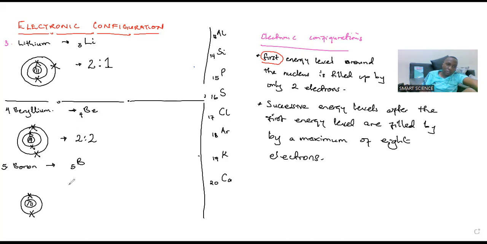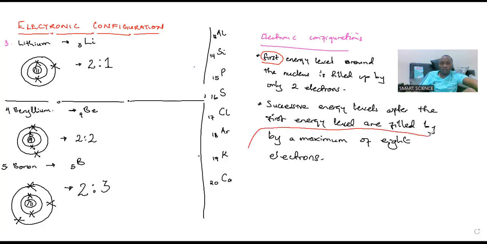So if we remove these 2 from the 5, a balance of 3 electrons will be left, and those 3 electrons are going to be arranged on the energy level which is the outermost. So we shall find the electron configuration showing us 2 electrons on the first shell and 3 electrons on the second shell.